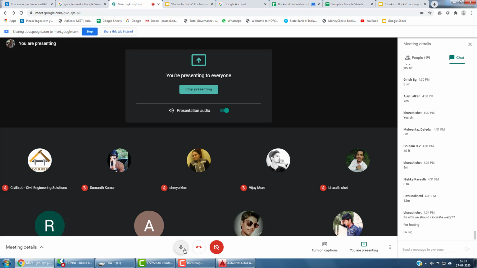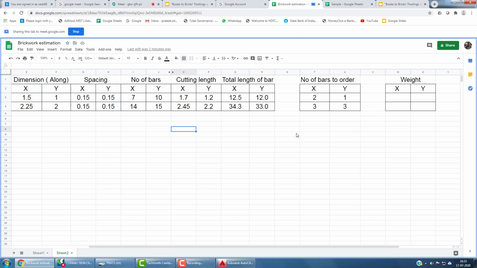Whatever we have done till now in Excel, is it clear? Number of bars. See, if you take this trouble of creating this Excel sheet once, you will be free of this calculation part for your life.